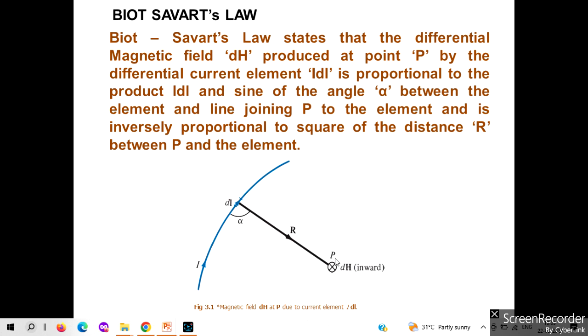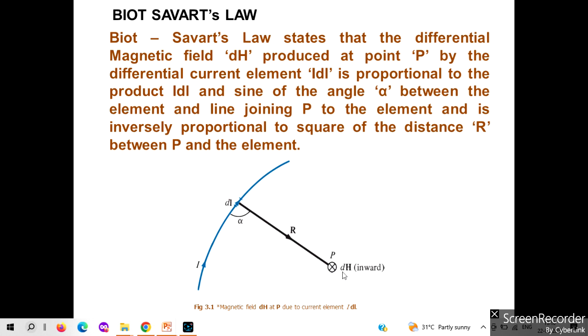Now, first we take this point P, and we have a representation where we have a cross mark with a circle around. This is inward to the page, or into the page, because we are calculating the field into the point. So this is the representation for the point P, into the page.